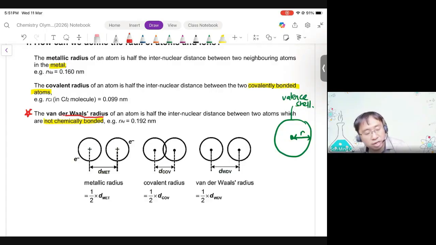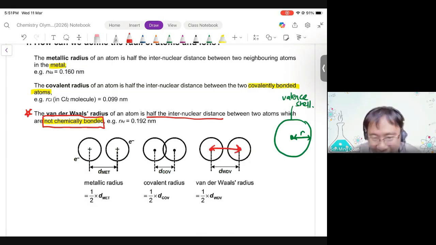Now, the van der Waals radius of an atom refers to half of the internuclear distance. Nucleus, nucleus, internuclear distance. All right. So this is called the internuclear distance. The distance between two nuclei of two atoms.